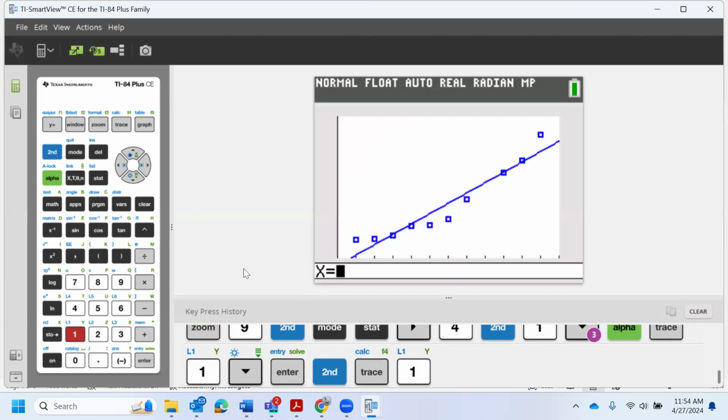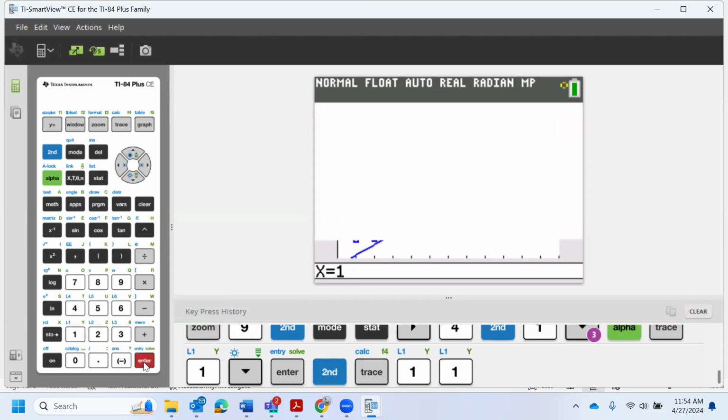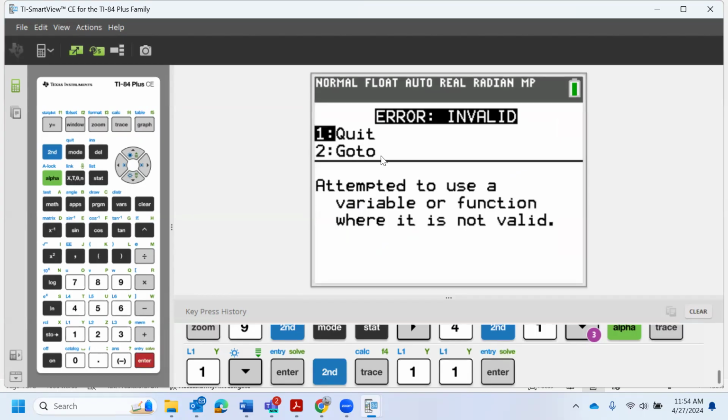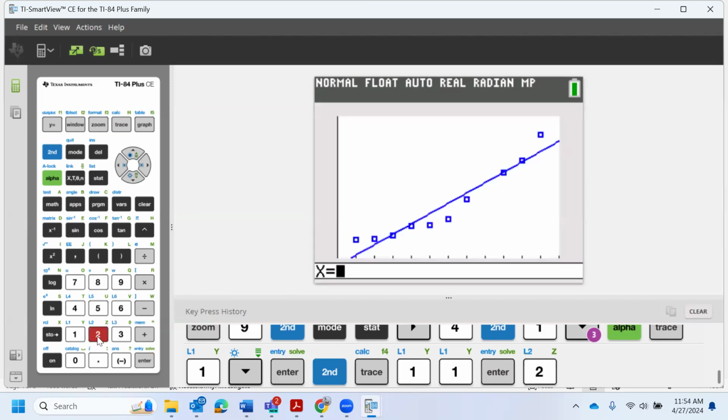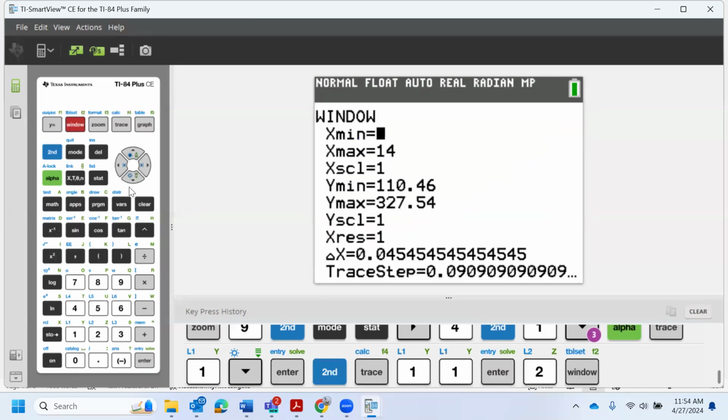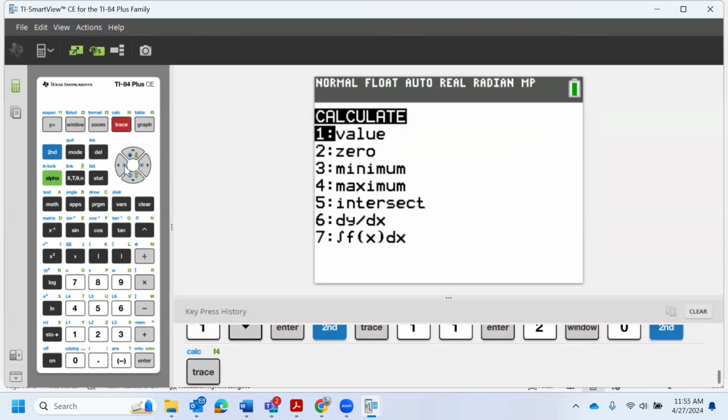You must have the line in order to do the calculation. That means you did not store your equation into your y1. When you put in 11 means it's 1, and it comes out like this. That means our window is too small. Press window, and make your x minimum maybe 0. And then you do your second calculate.